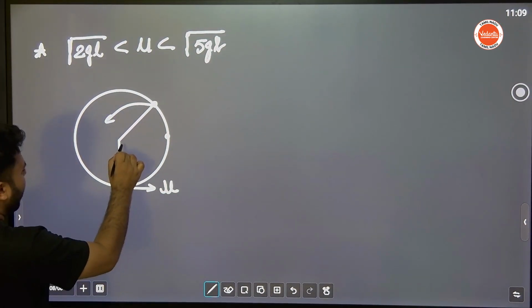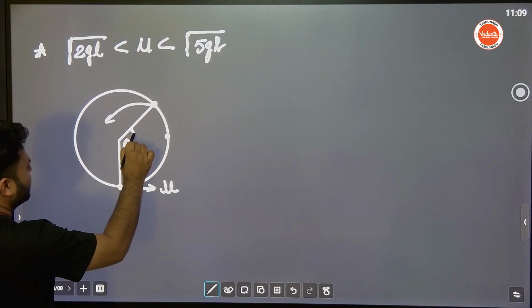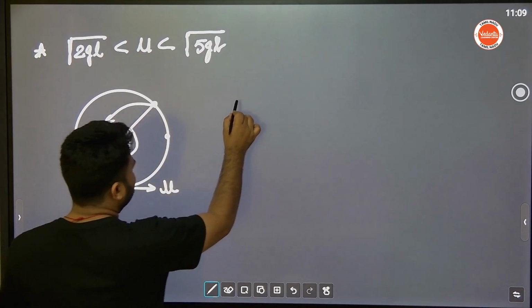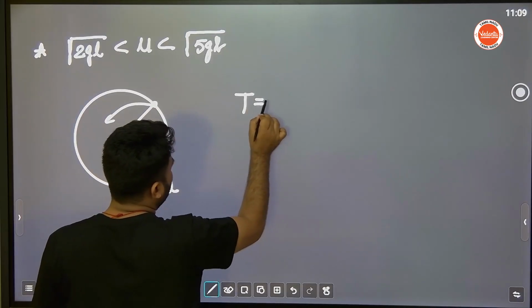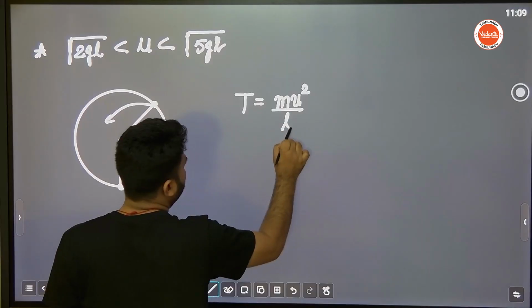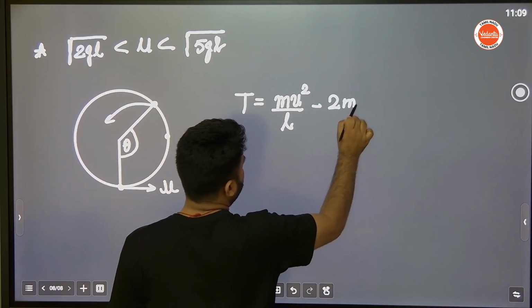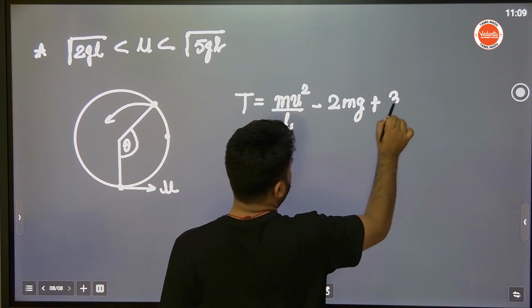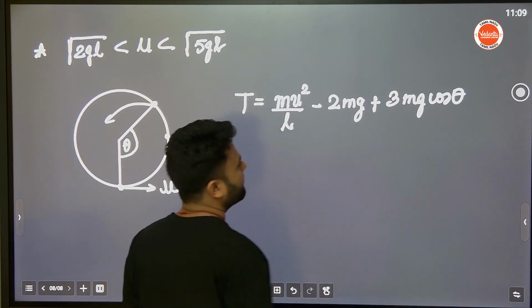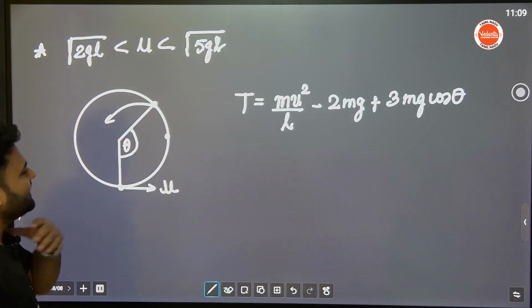So sometimes they ask what is the angle theta, how much angle theta it will go. So it is very easy. See, you know this tension formula, mv square by L minus 2 mg plus 3 mg cos theta. They can ask what is this theta.